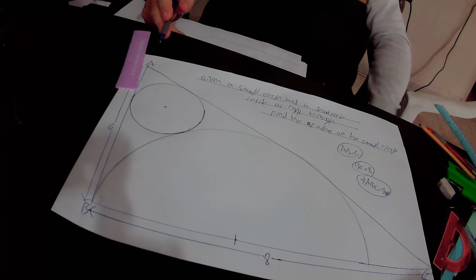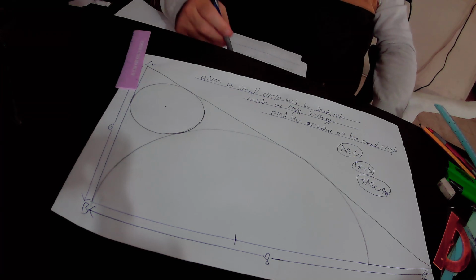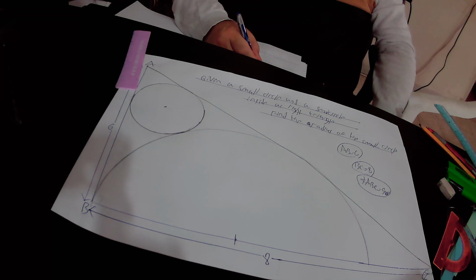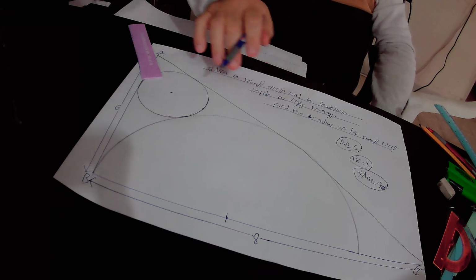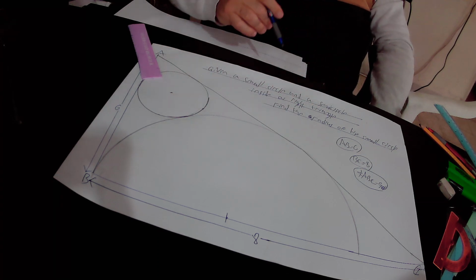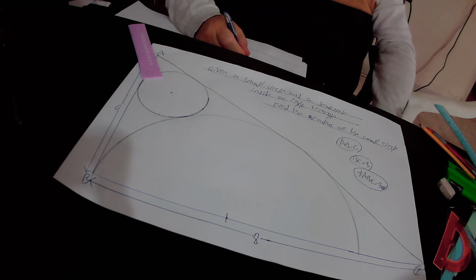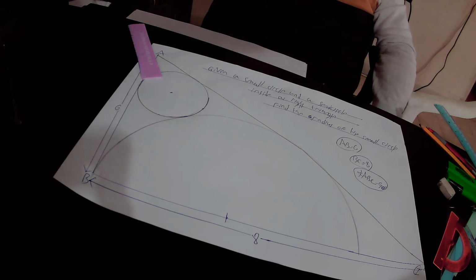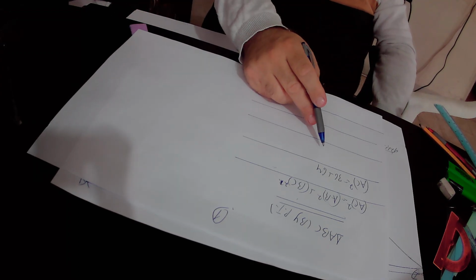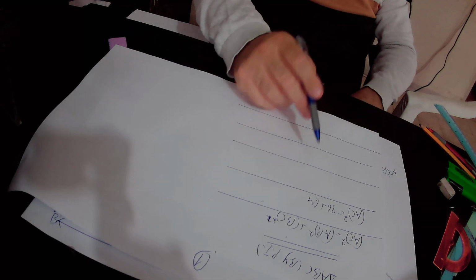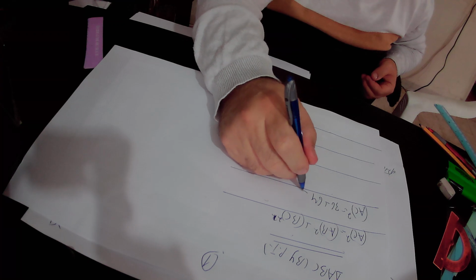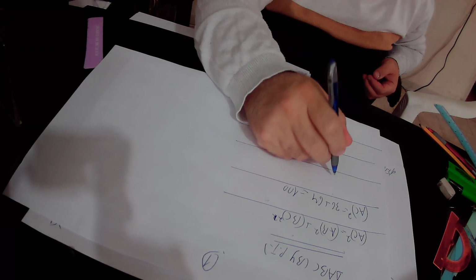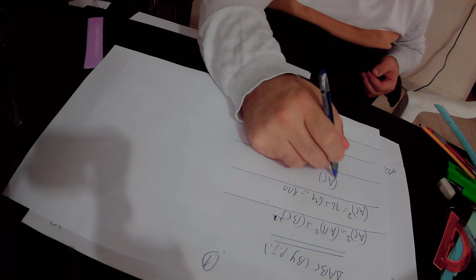AB is 6, therefore AB squared is 6 squared, that is 36, plus BC squared. BC is 8, therefore BC squared is 8 squared, that is 64. So we found that AC squared equals 36 plus 64. 36 plus 64 is 100. So AC squared equals 100.